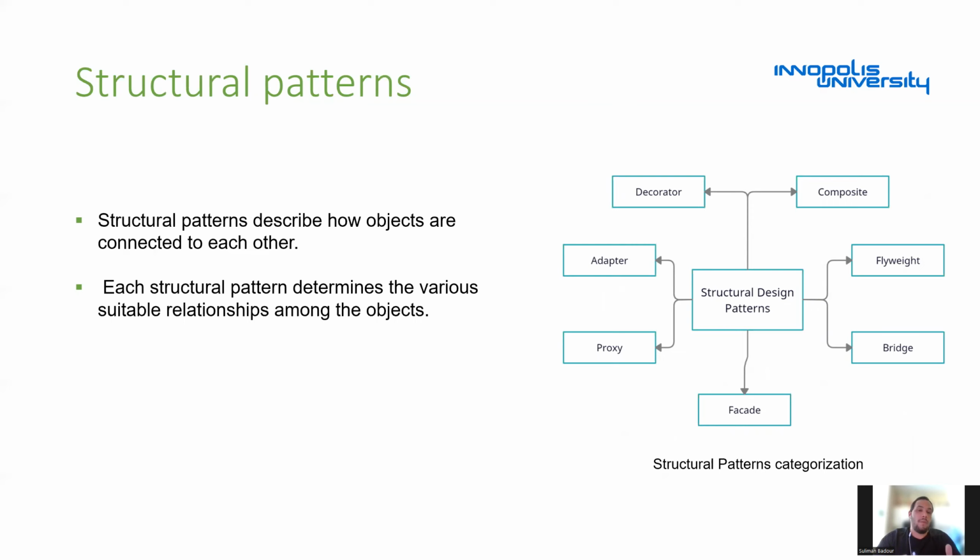We'll start with the first category, which is structural patterns. Structural patterns describe how objects are connected to each other and how they should work to achieve a particular design goal. For example, think of structural patterns like a food dish with a combination of flavor pairings. A flavor pairing determines which ingredients may be combined together to form a suitable relationship.